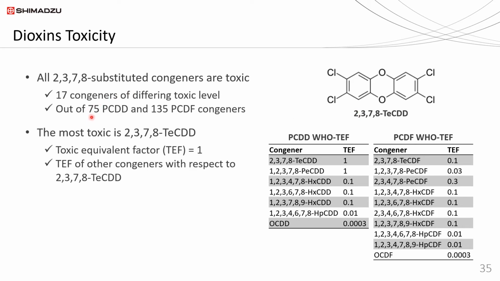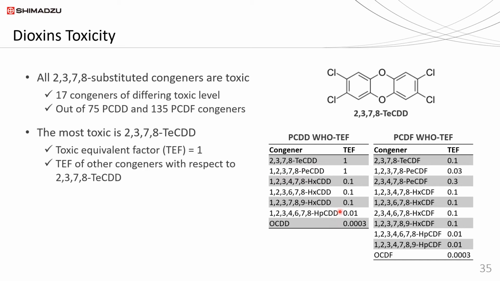Out of 75 PCDD congeners and 135 PCDF congeners, 17 congeners, as seen in these two tables, are considered toxic. You will see that all 2378 substituted congeners are toxic.